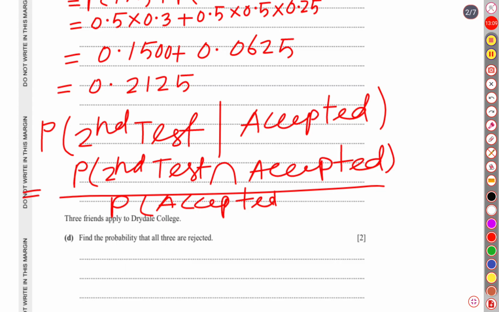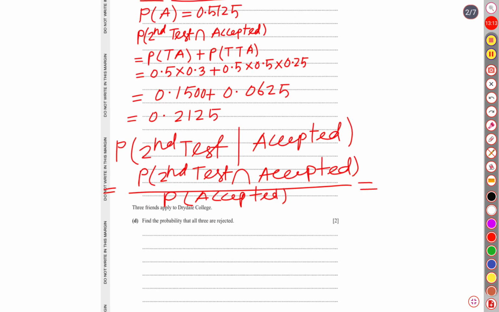Okay, so we have already found all the supporting information.